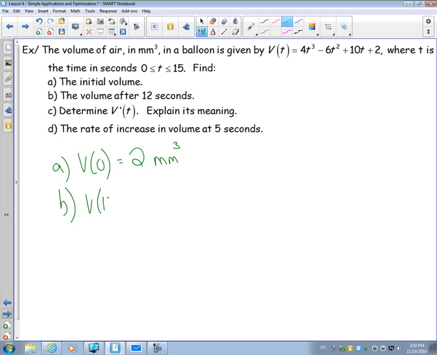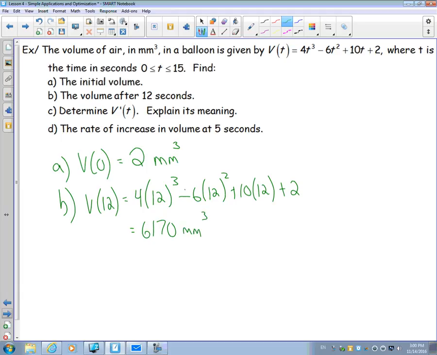Sure, we can put in 12 as our t. A little more complicated this time, we've got to put in 12 for all the t's. That's why the 0 was nice, because it always comes out to 0. If we put all that into our calculators, we should end up with 6,170 cubic millimeters. And that's just using our function, just points along the graph, if you will.